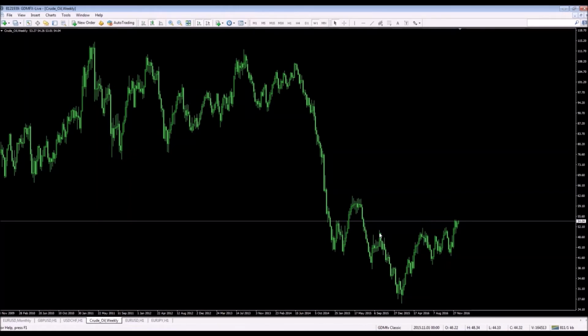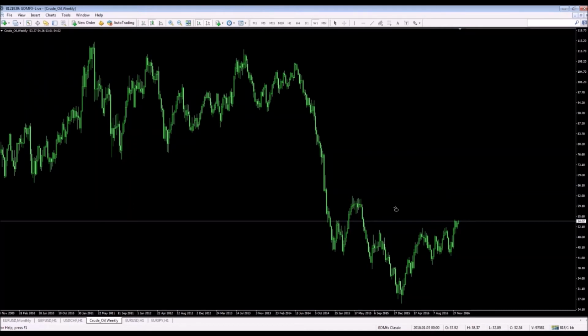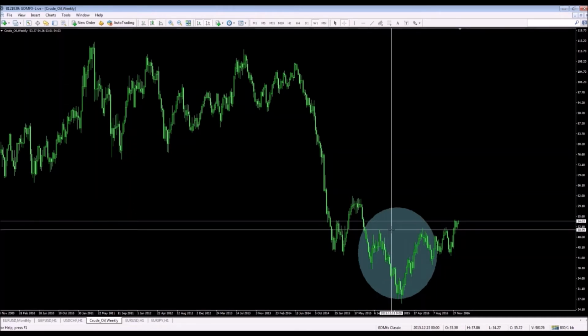However, there is this reverse head and shoulders formation, we can see it over here. Let me just expand it for you so we can see it. You can see that reverse formation. We can see that it's right now confirming above that neckline.